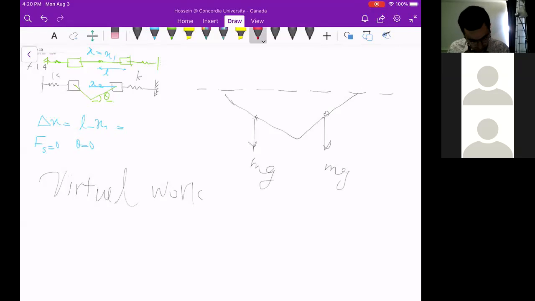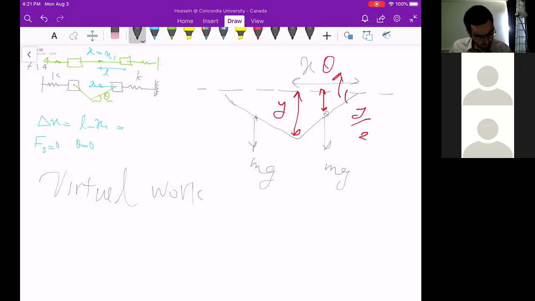So this length is y over 2 if it is y. This angle is theta, and this is going to be basically x.